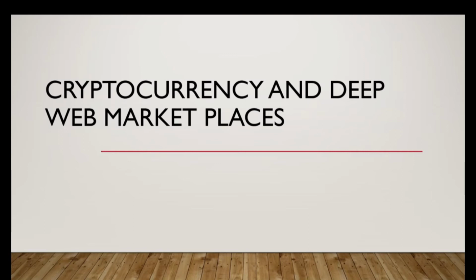So in today's class, we are gonna talk about deep web marketplaces and ways that you will buy products on the deep web. The first thing that you guys will need to know is that the deep web or the Tor browser, everything that is around the deep/dark web, is made to be and stay anonymous. So the way that you are buying stuff on this kind of market is also made to be and stay anonymous.